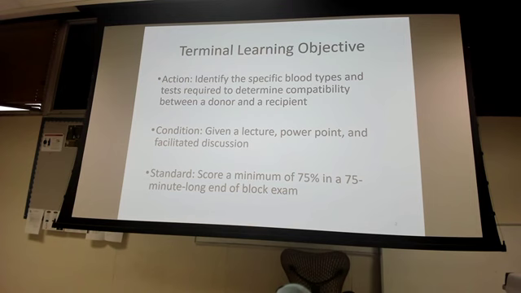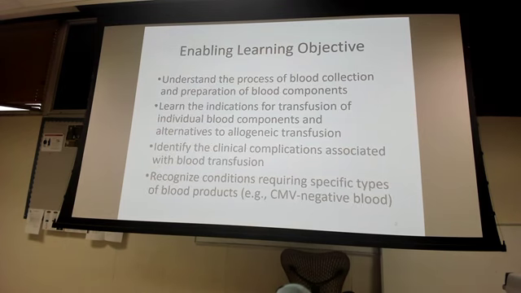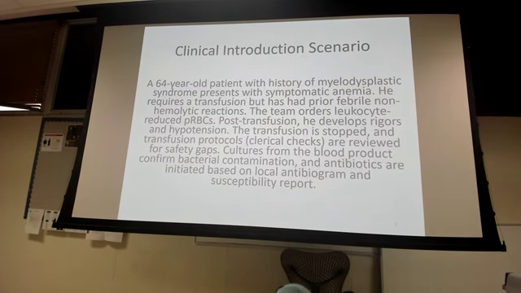All right, so blood bank 2, we're just going to continue on what we're talking about. Same chapter. Clinical introduction scenario. A 64-year-old patient with a history of myelodysplastic syndrome presents with symptomatic anemia. He requires a transfusion but has no prior febrile non-hemolytic reactions. The team orders leukocyte-reduced packed red blood cells.